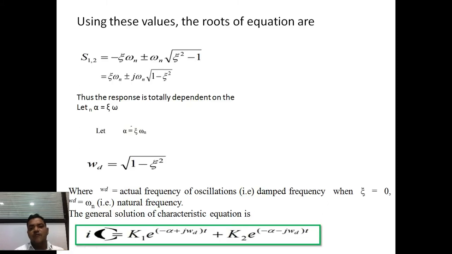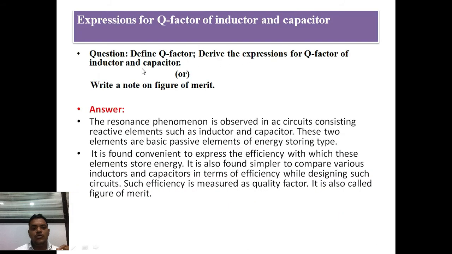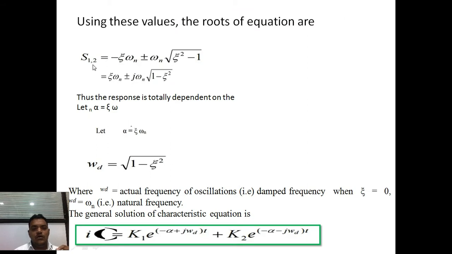So using this, the roots of the equation are S of n equal to minus zeta omega n plus or minus omega n under root of zeta squared minus 1. So what we do here: S1 is zeta omega n plus or minus j omega n into the square root of 1 minus zeta squared. Here there is a minus 1, and the root of minus 1 is equal to j, which comes outside the root sign.